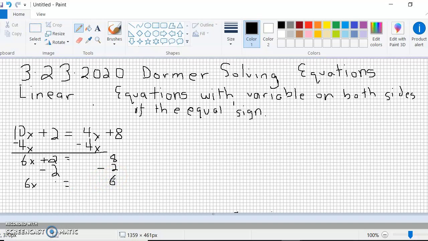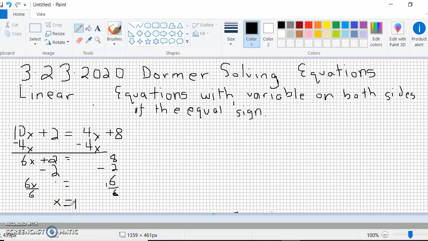So again, you could just look at that and give the answer, but I'm going to do this step. Okay, so I'm going to divide 6 on both sides, and that will be now x is equal to 1. Okay, and so we should have that.